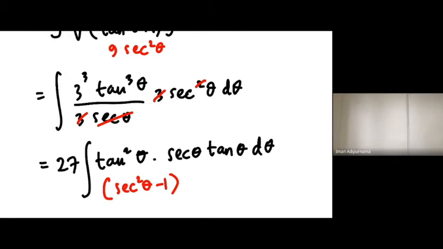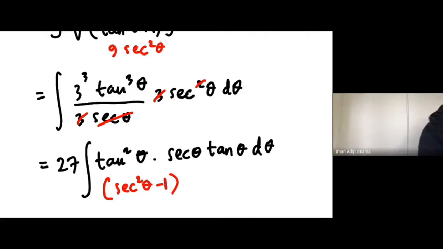Remember the first half of the course before? This is an odd power, right? Let's make it even. So we have tangent squared, and then it becomes secant and tangent, because secant tangent is the derivative of secant. So we need to substitute secant, and change the tangent into secant.